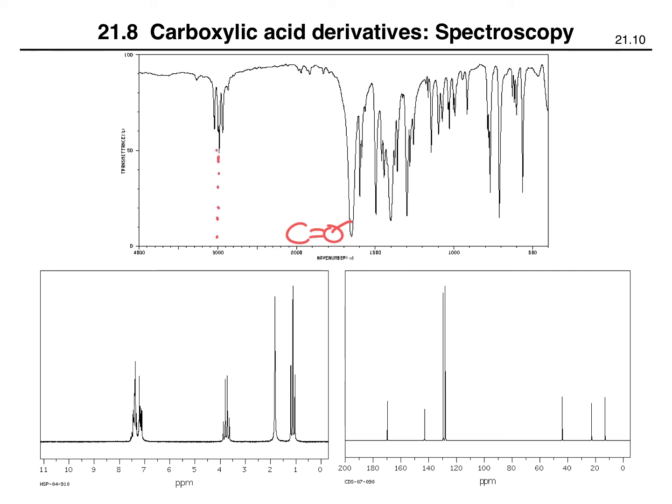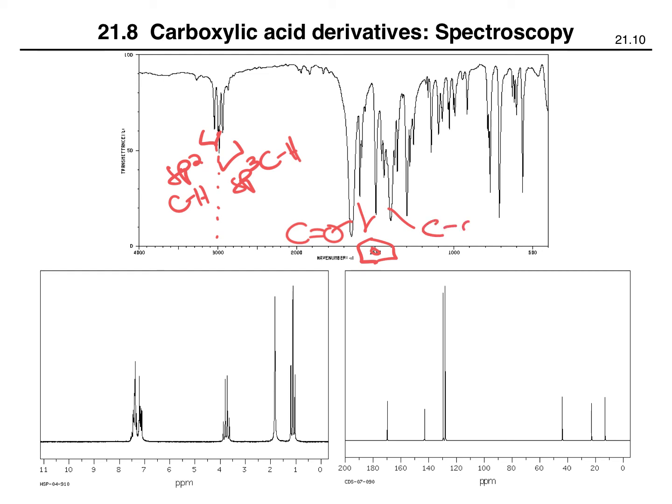Here, 3000, so we have some sp3 CHs, and up above we have some sp2 CHs. We have sharp peaks at 1500 and 1600, so we probably have a benzene, and this signal is pretty strong.